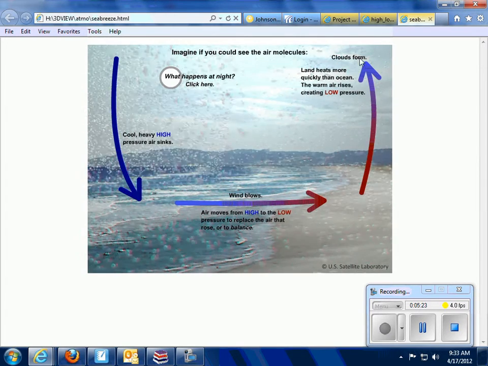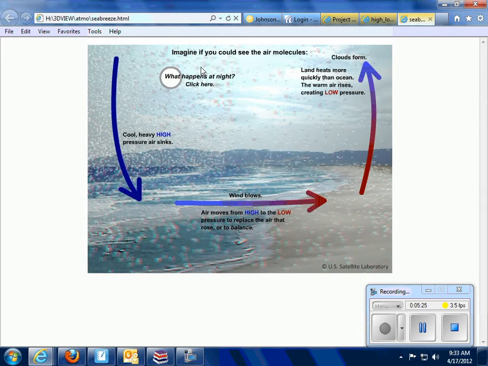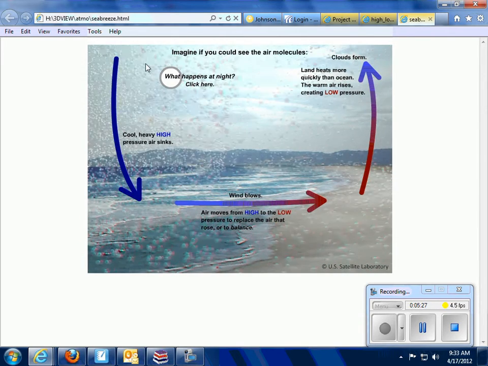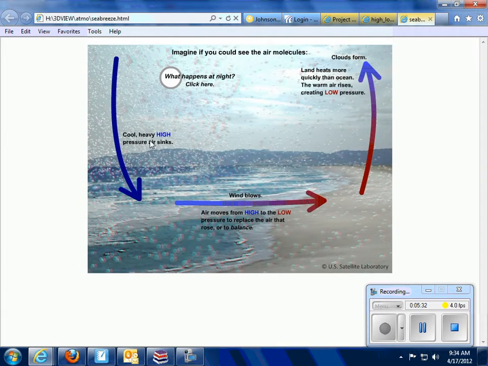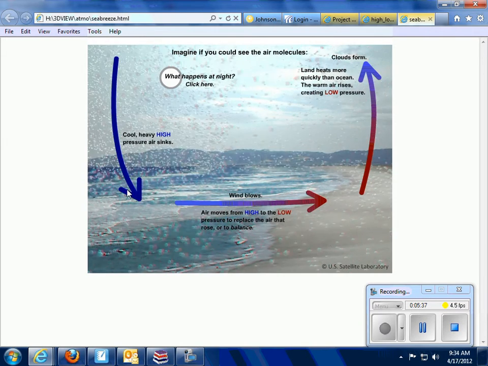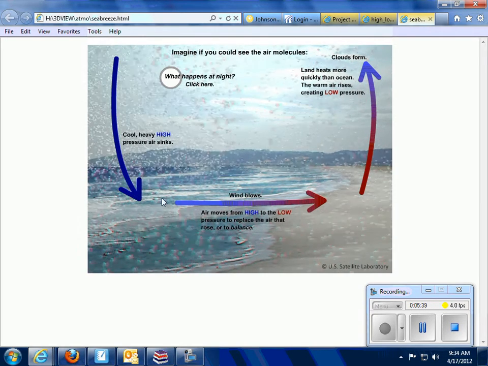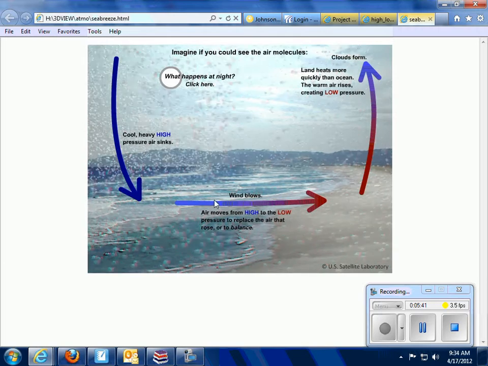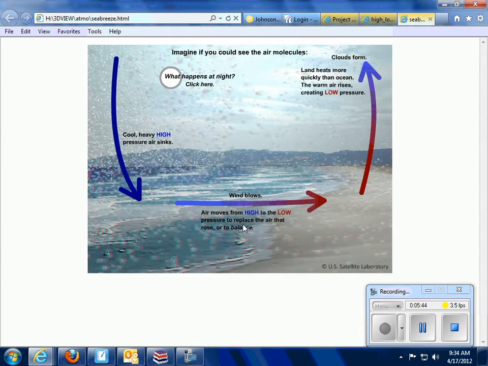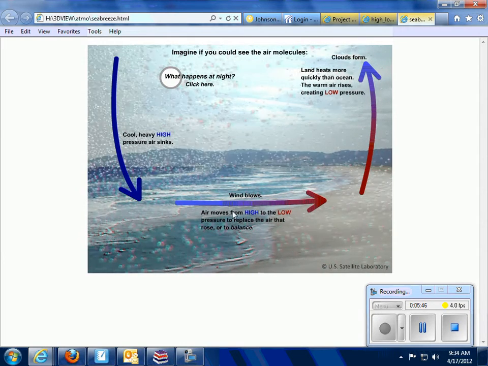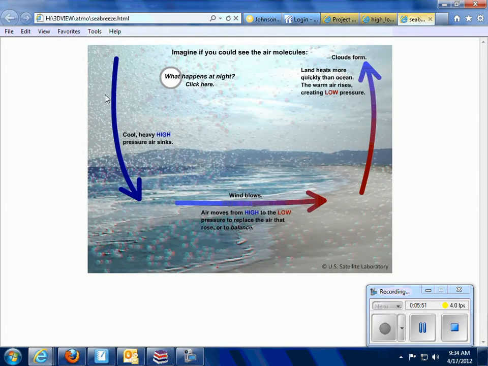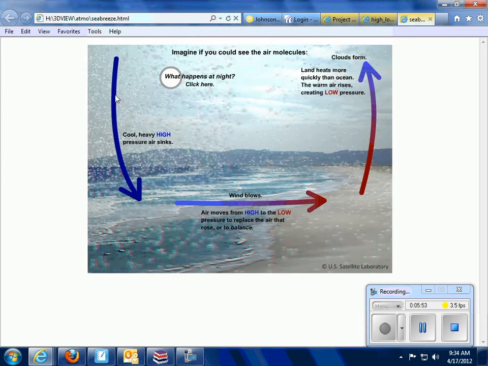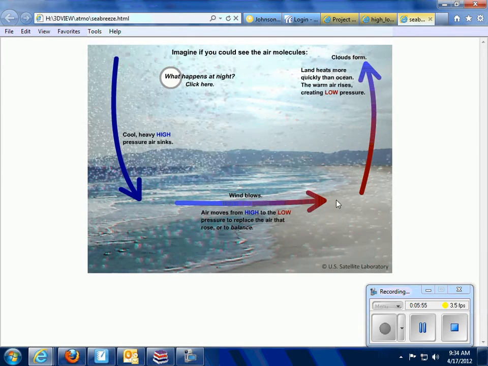As it rises, it cools, and clouds are forming. Cool, heavy, high air sinks again, and when it sinks it goes over the land or over the water again, and then it gets blown in because high wants to go where low pressure is. Where it's heated down here, it's low pressure. Where it's cooling out here, it's high pressure. High pressure wants to go right where the low pressure is.